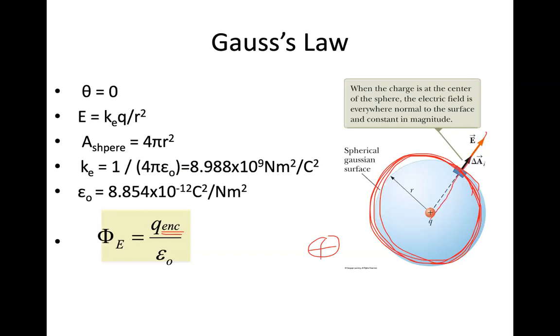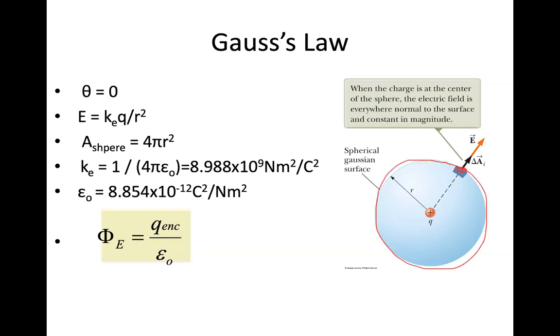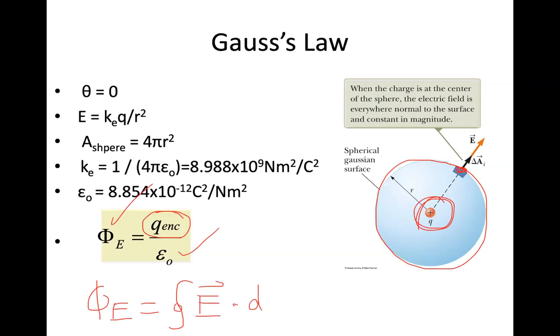It's one of the beauties of Gauss's law. If I want to know what the charge is at point P, I put a balloon around it and I look at how much charge is inside of it. If I know how much charge is inside of it, I know epsilon naught is just a number, I can find the flux. Wait, and also, didn't we also say that the flux was E dot dA? We sure did.